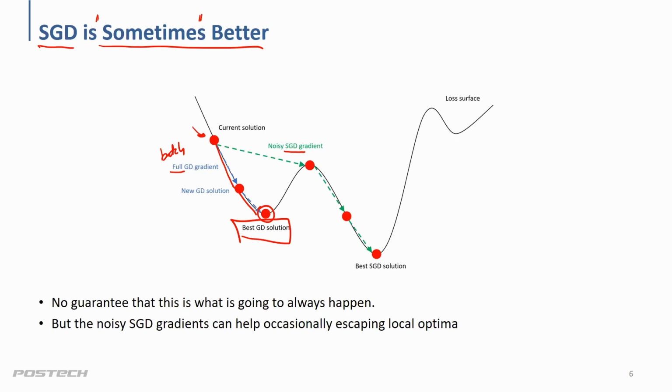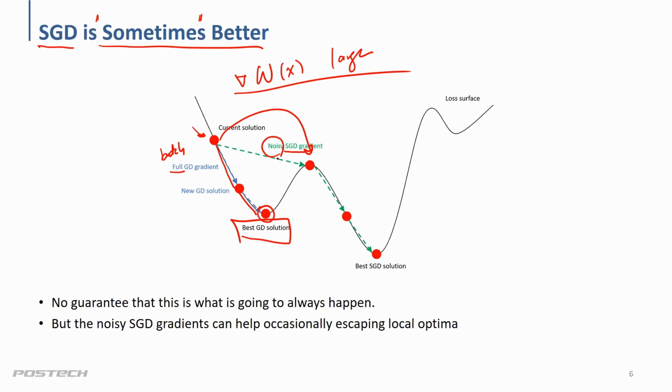So in some cases you have a larger gradient value, and then you might have a chance to jump like that.